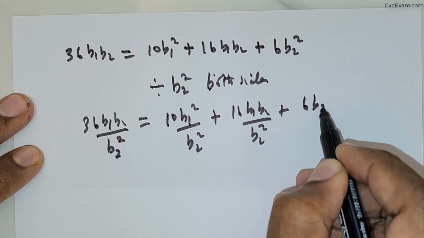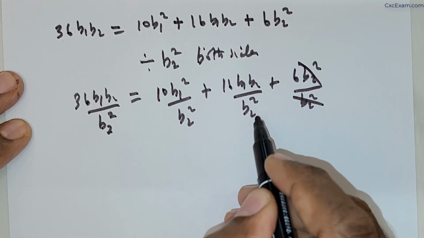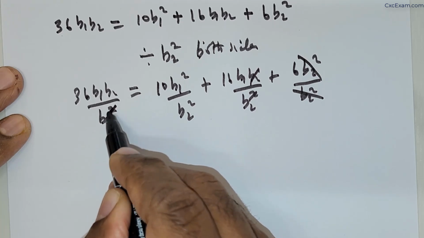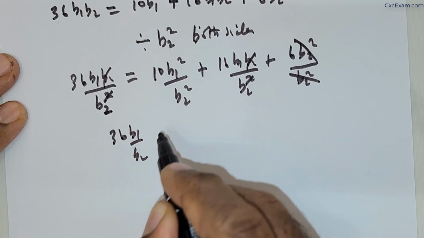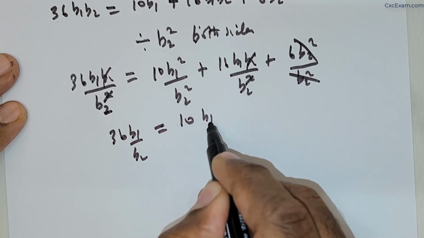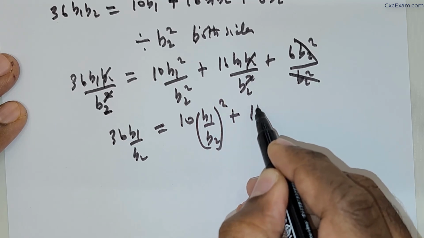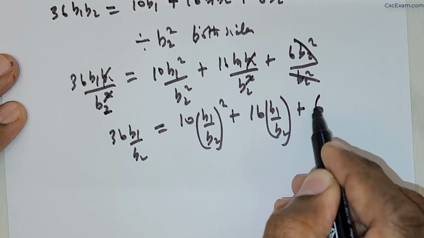This is 6 b2 squared divided by b2 squared. This goes off. Now a b2 and a b2 go off, so this is 36 b1 over b2 is equal to 10 b1 over b2 squared plus 16 b1 over b2 plus 6.